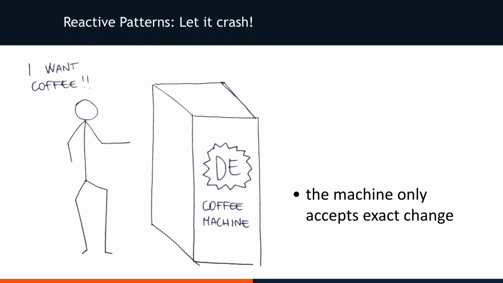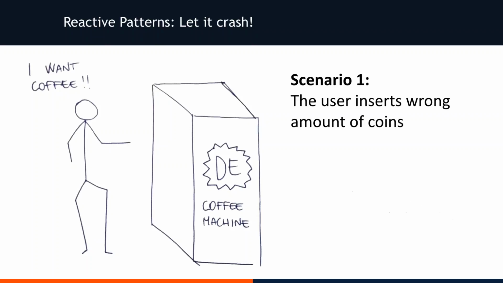And this is useful to me to elaborate a little bit on the difference between errors and failures. So this machine only accepts exact change. Now, first scenario, the user inserts the wrong amount of coins. Well, that's an error. So we are fully entitled to notify the user and say, sorry, you didn't play by the rules. You inserted the wrong amount of coins.